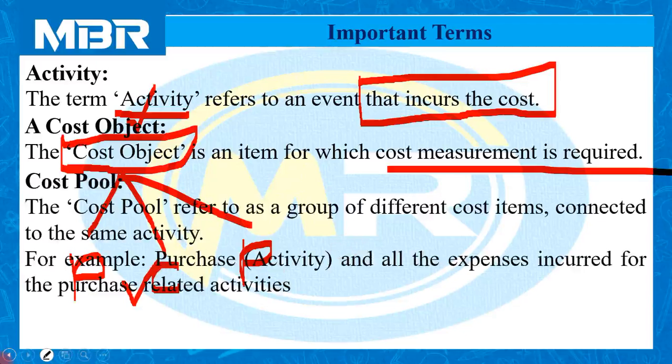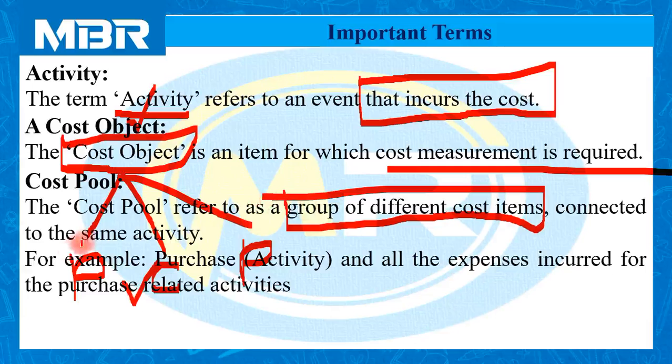Then cost pool. The cost pool is referred to as a group of different cost items. It is nothing more than a group of different cost items connected to the same activity. For example, purchase. Purchase is referred to as an activity, and all the expenses incurred for the purchase related activities are defined as the cost pool.